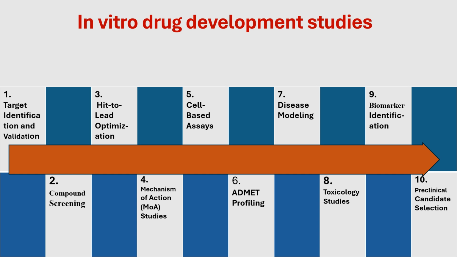This compound is moved for testing in animals. This is called in vivo studies, which I will discuss in my next video. Criteria for preclinical candidate drug selection are high efficacy and potency, favorable ADMET profile, low toxicity, and high specificity.